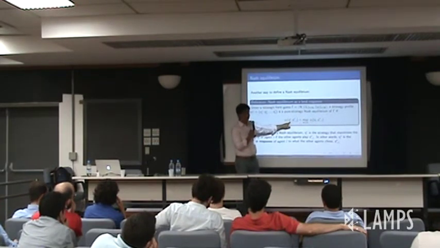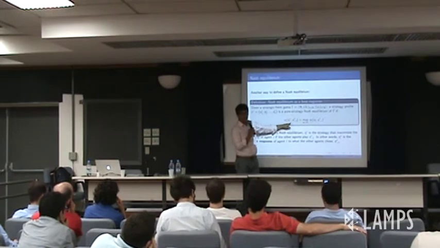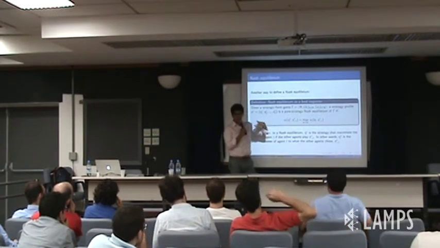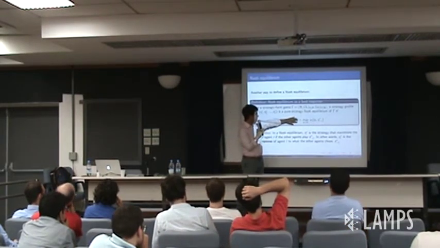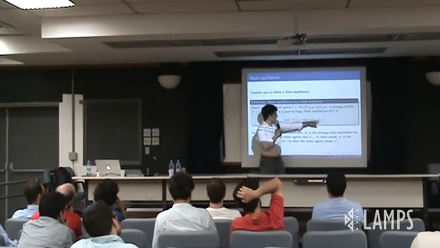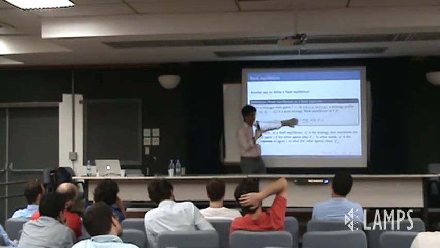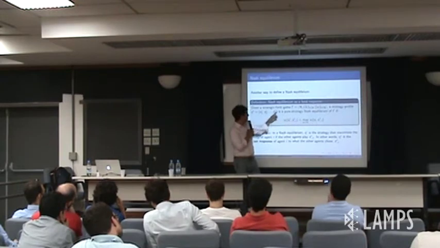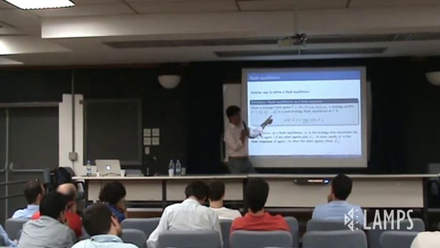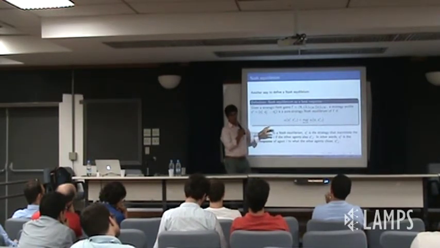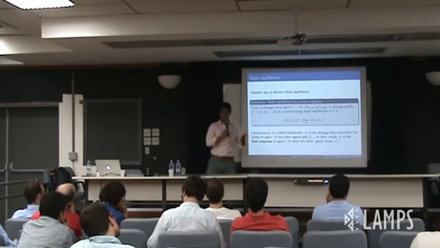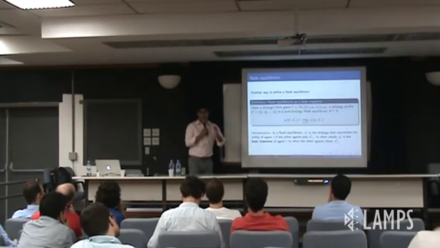And if you give me s_i star as the answer, well, that was your best response. That's the maximum utility you get given what the others are playing. If I repeat this for every player in the game and everyone gives me the same answer that is here, that's a Nash equilibrium. Okay? No one wants to do something different than what I'm proposing.